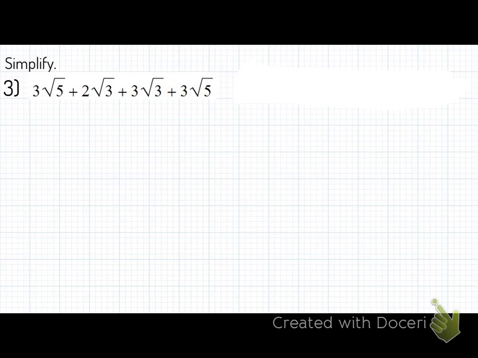3 rad 5 plus 2 rad 3 plus 3 rad 3 plus 3 rad 5. Okay, so looking up here, turn to your neighbors and identify any common roots that you could combine before you start.